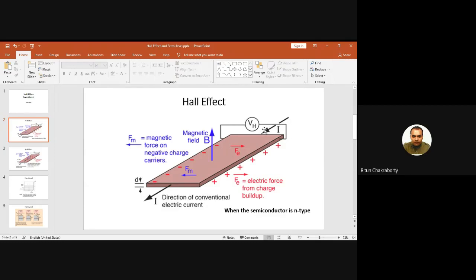So VH, you can see, this is the potential difference, and this is developed from one end of the material to the other end. Okay. And you can see this particular voltage, VH, means Hall voltage. Okay, H in the subscript stands for Hall voltage.